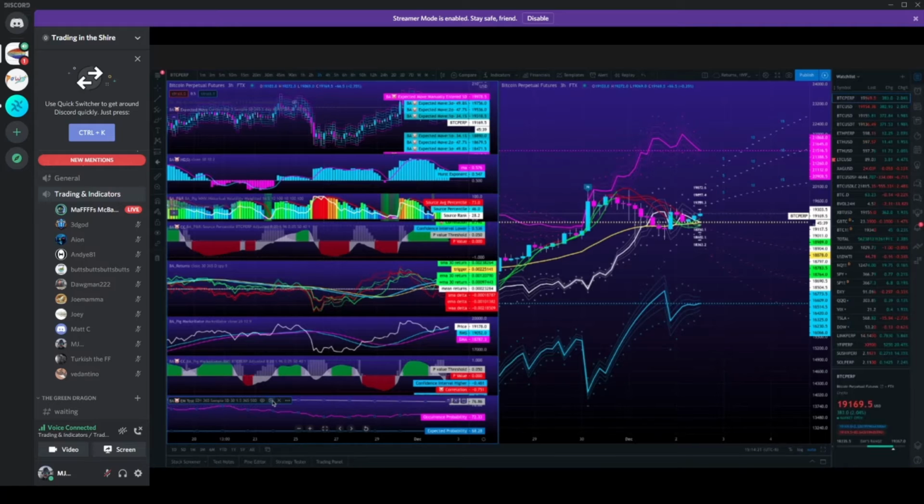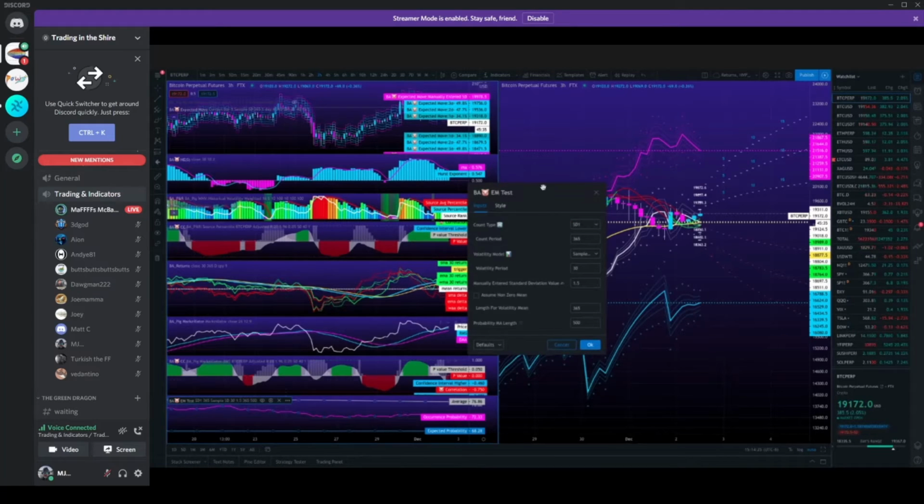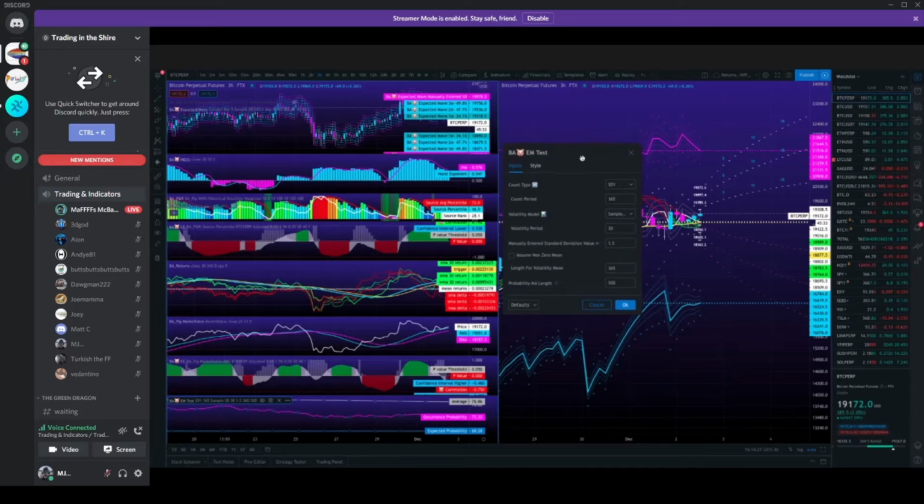So right now it's saying a 30 is at about a 72.33. So then you just change this to 365. Okay, this is a little bit below 72. Yeah, you're going to want to stay on 30 for sure.